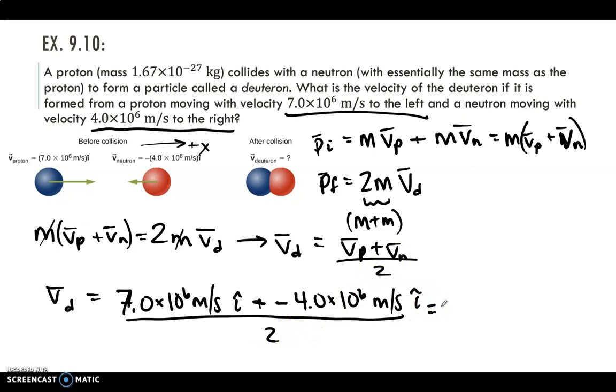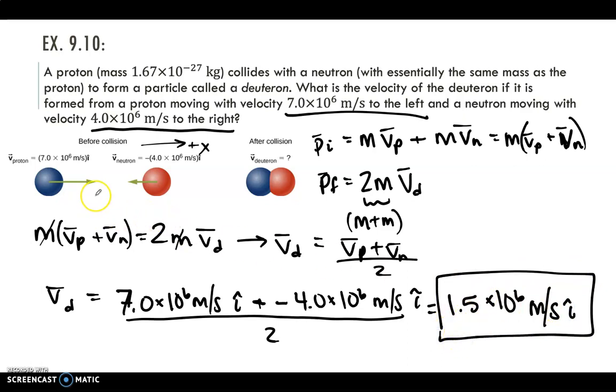So we can plug that into our calculators. We have 7 times 10 to the 6th minus 4 times 10 to the 6th, and then divide that by 2. And we get a velocity of 1.5 times 10 to the 6th meters per second in the i hat direction.